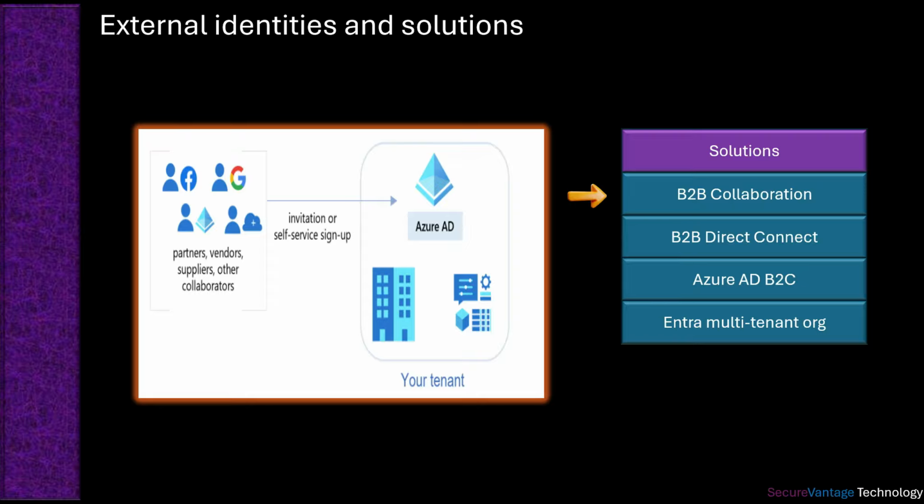Using B2B collaboration, you can collaborate with external users by allowing them to use their preferred login, whether that's a corporate account or a social account, to access your Microsoft apps or other enterprise apps. These external users typically appear in your directory as guest users. In B2B collaboration, security policy and compliance is managed by the host, that means the inviting organization.